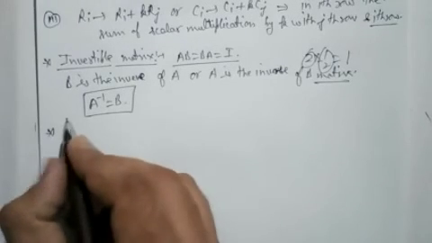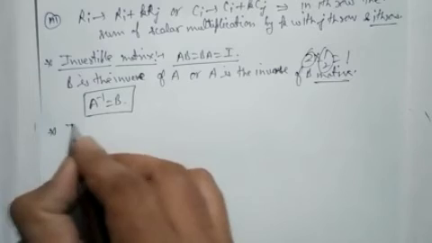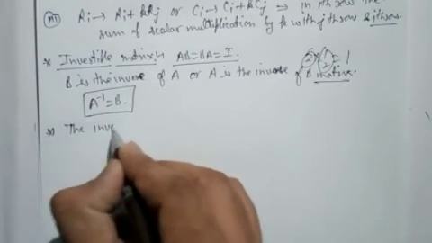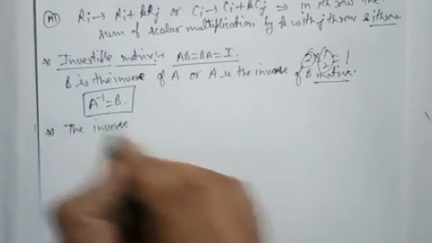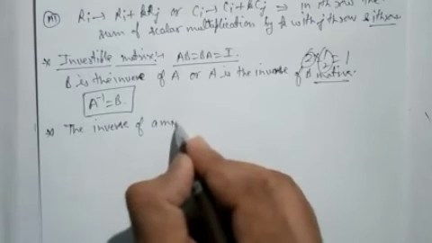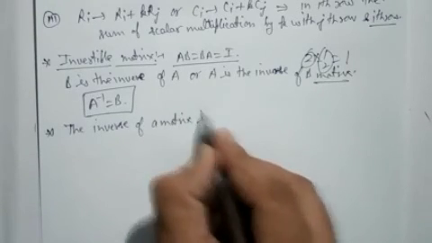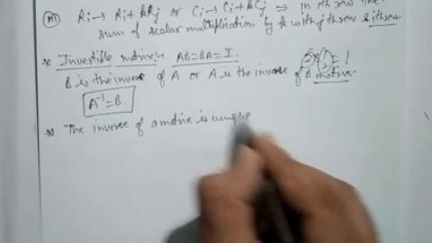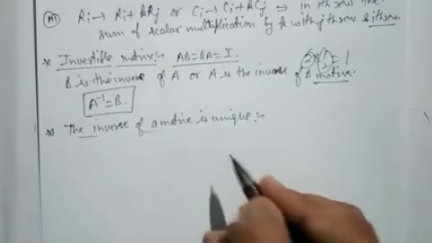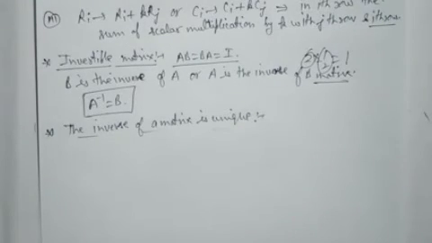Next, the inverse of a matrix is unique. Inverse of a matrix is unique. Means a matrix has only one inverse, not more than one inverse.